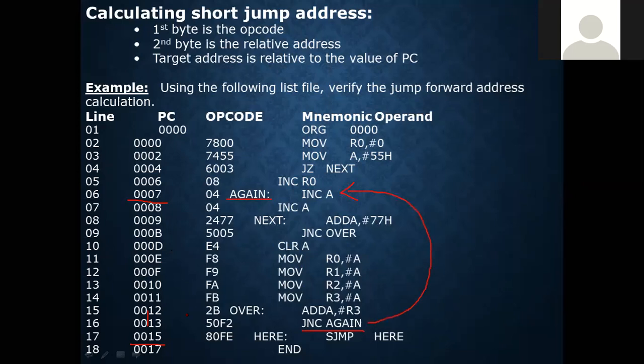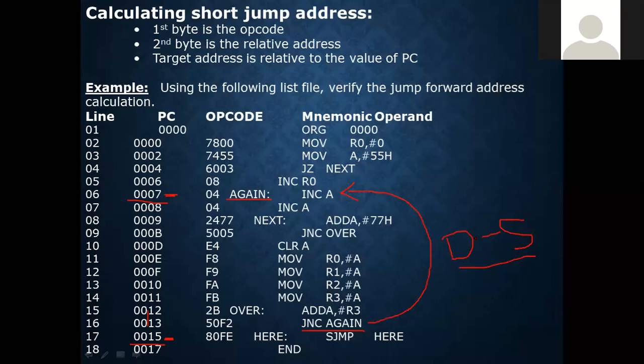Whenever the JNC again instruction is executing, the content of the program counter is 0015 and it will jump to 0007. So whenever calculating a forward jump, we are just calculating destination minus source. The difference is how much the difference is.